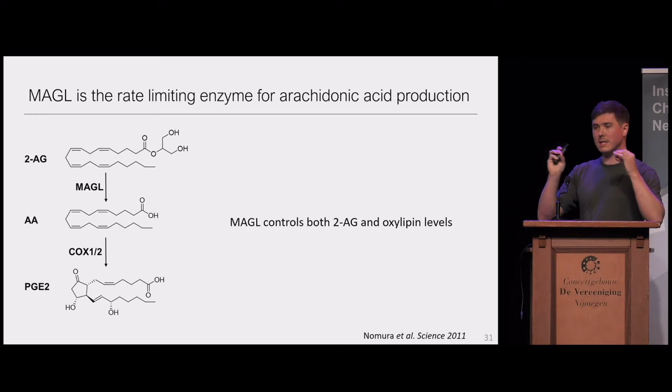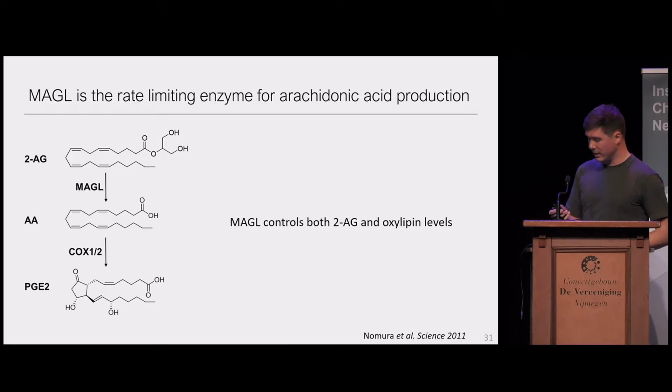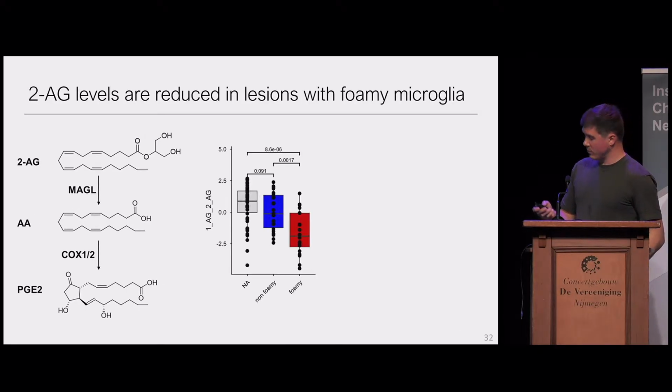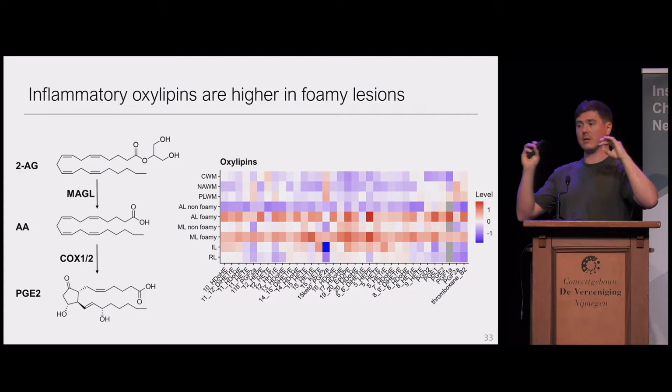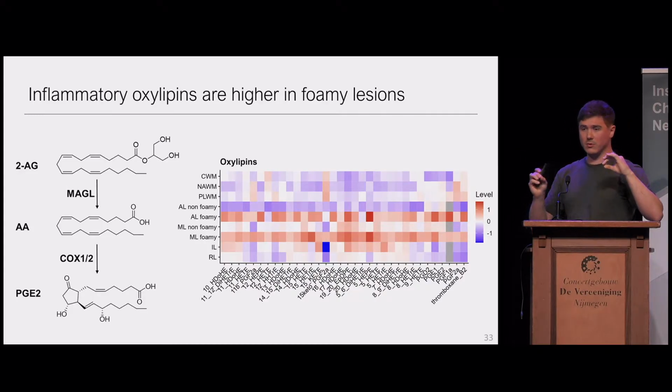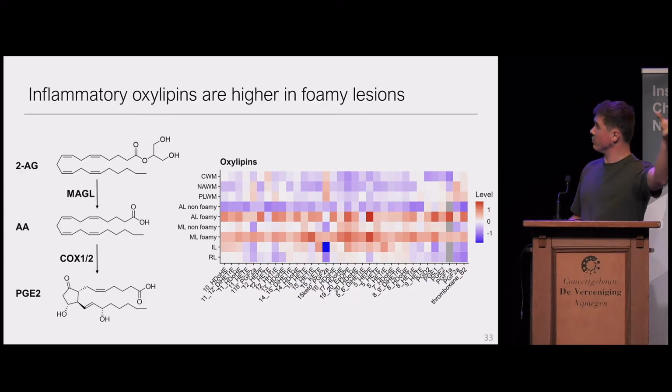MAG lipase is basically the node that controls both 2-AG and oxylipin levels in the brain. Interestingly, we also see that lesions with foamy microglia have a reduced 2-AG level, and as I previously showed you, the oxylipin levels are increased in those lesions. So we really think that MAG lipase is an important node in this metabolic switch from 2-AG to pro-inflammatory oxylipin production.